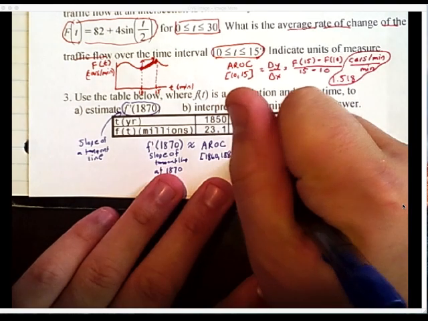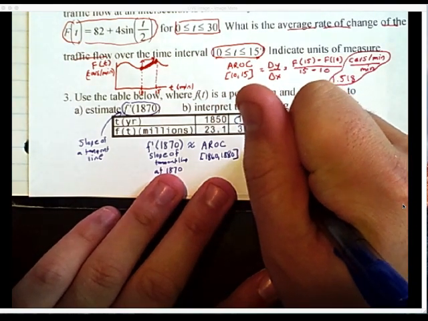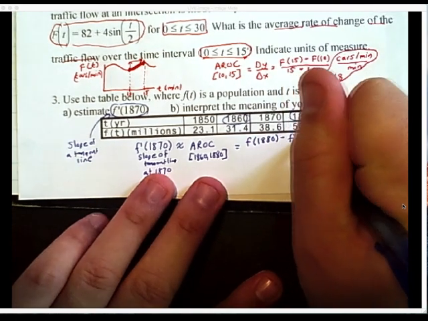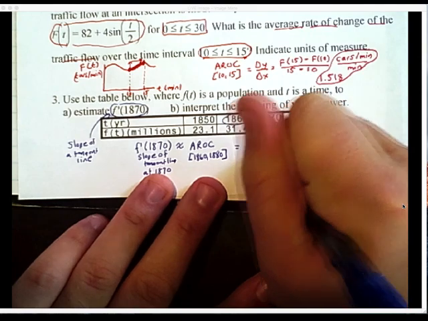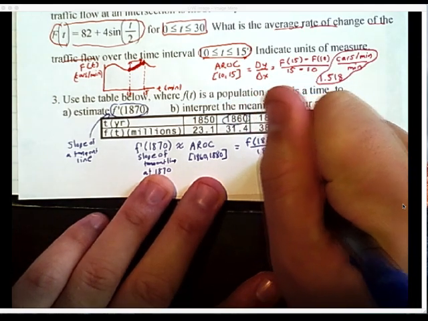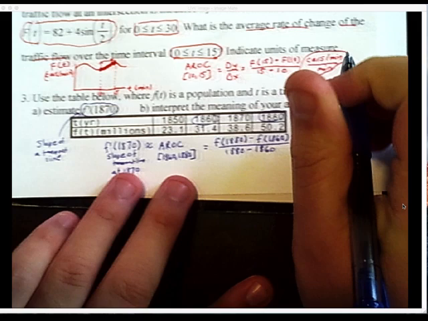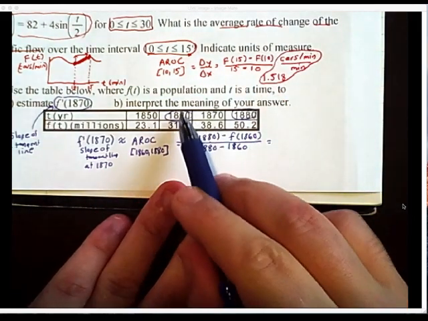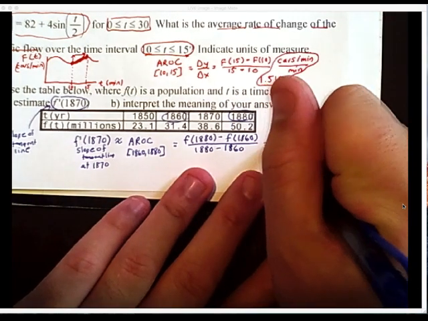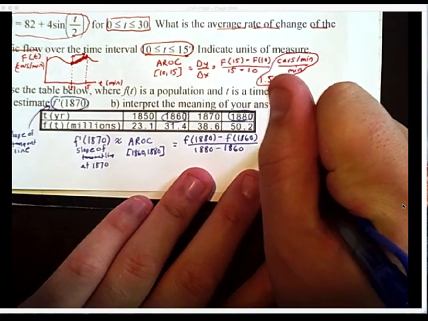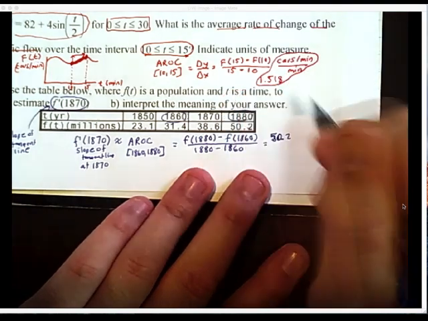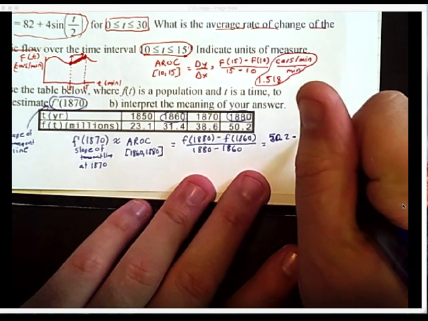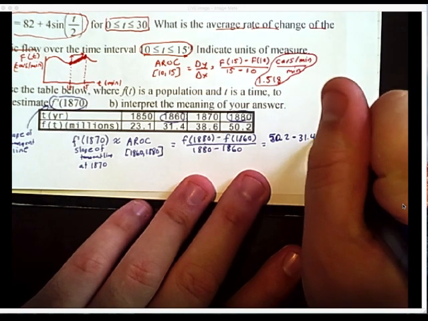All right, so how would I figure that out with the formula? That would be f of 1880 minus f of 1860 divided by 1880 minus 1860. Now, where am I going to get those values? What was the population in 1880? It was 50.2 million people minus the population at 1860, which was 31.4 million people.